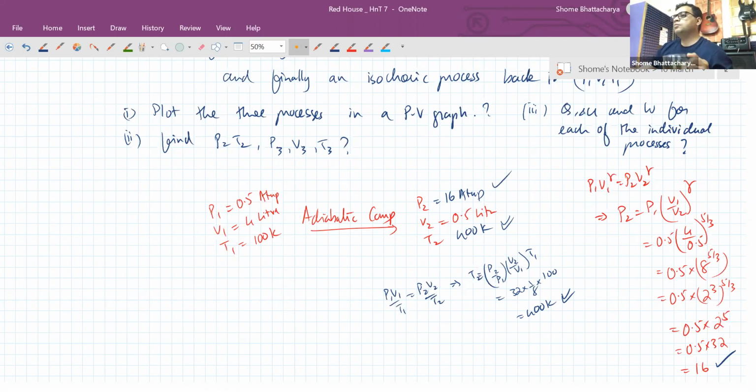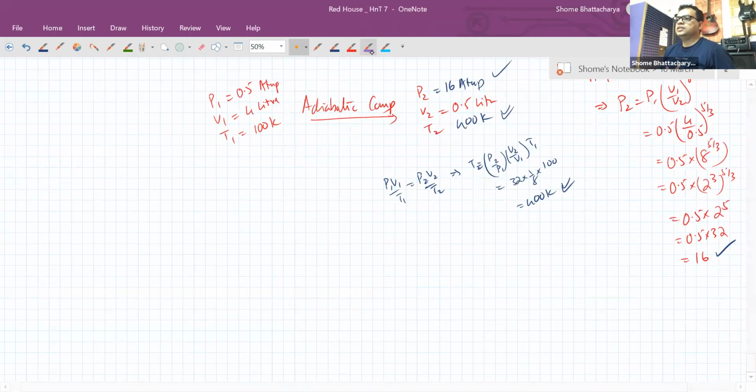Now, since you are having to come back isochorically, you'll have to expand to 4 liters from here. So basically, the important thing is now from this state, you are going isothermally.